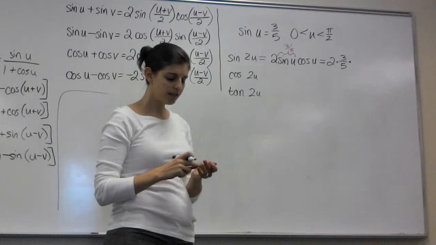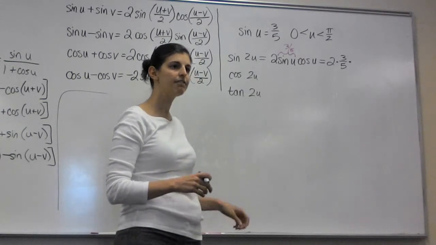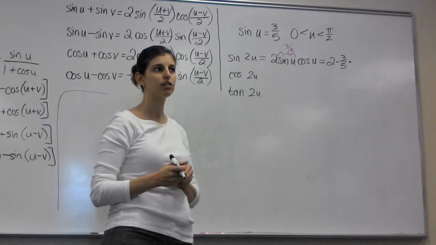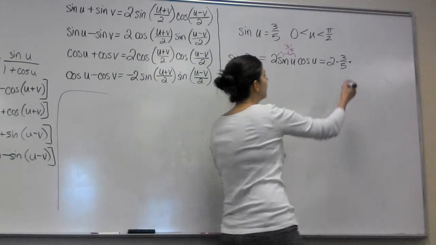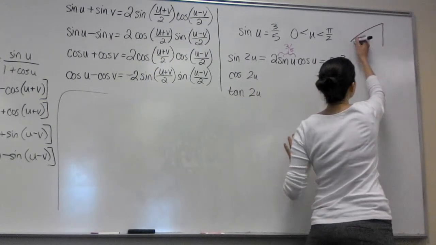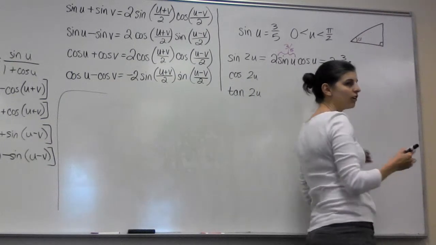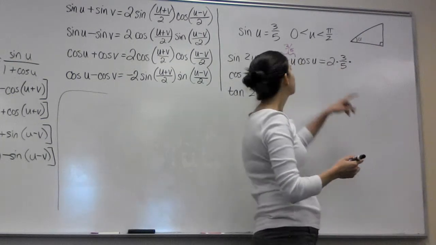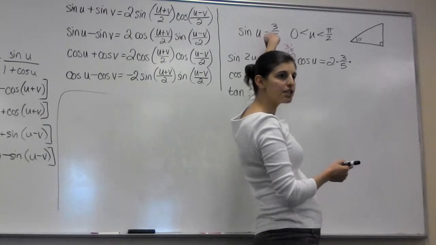The cosine of u, if I have the sine value, can I find the cosine value? Think last chapter. Draw a triangle. Okay, so if you have a triangle, and this is your u angle, sine is supposed to be the opposite side over the hypotenuse side.